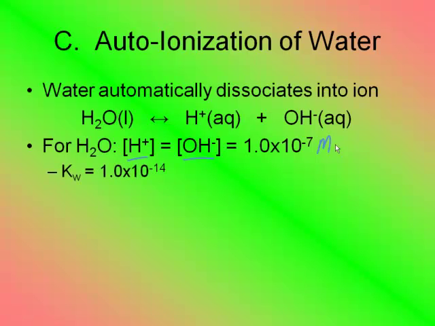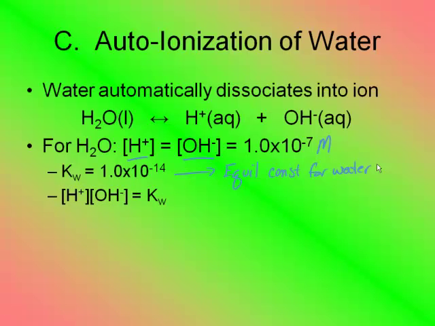Now, what we also know is the Kw for water is 1.0 times 10 to the negative 14. So this is called the equilibrium constant for water, Kw. So the W stands for water.